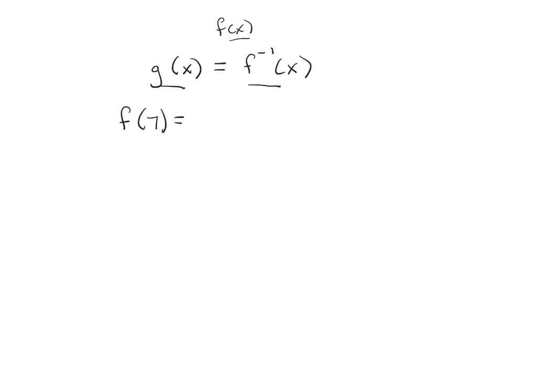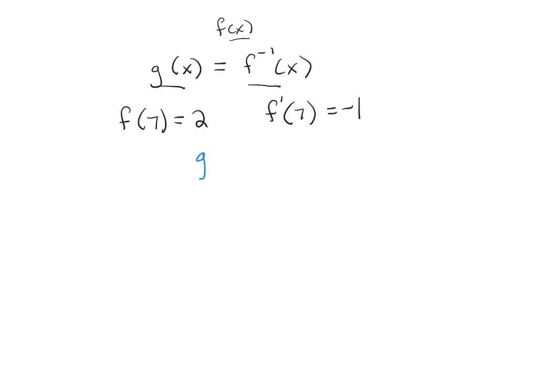Okay, so here's an example. I'm going to make the statement up here that the function g of x is the inverse of f of x. So I have this f of x function, and the g of x I'm stating is the inverse of this. Now f of 7 equals 2, and f prime of 7, the derivative of f at 7, equals -1.